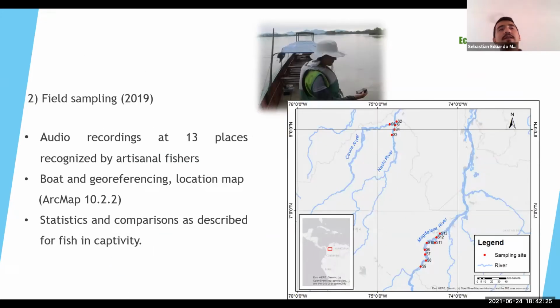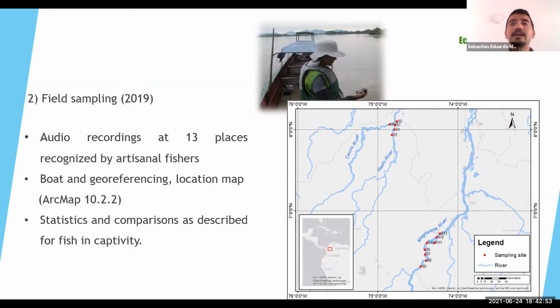For the field sampling, we visited 13 places recognized through artisanal fishers' knowledge that helped us visit the places where the spawning grounds of this species are, so we can validate what we found in the captive conditions.